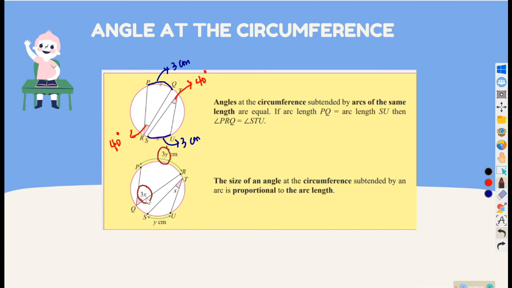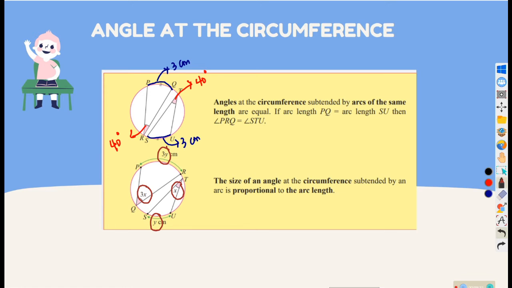The size of the angle is proportional to the arc length. If this one is only x, then this one will become y only. So the size of an angle at the circumference is proportional to the arc length. If this one is 3x, this one will become 3 times.